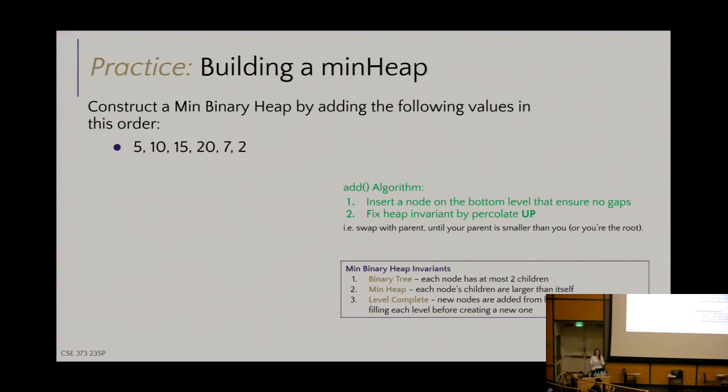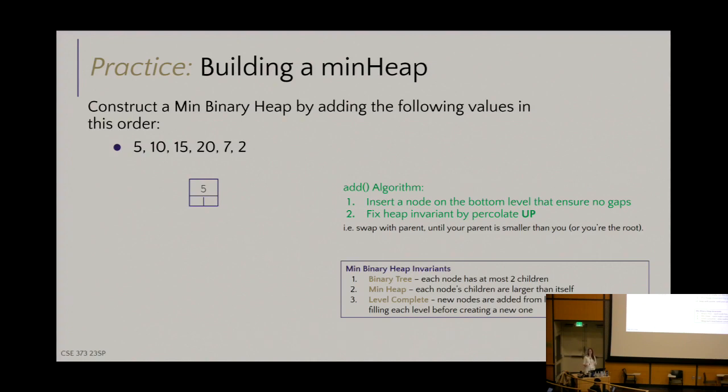All right, let's talk about it. So, we start and we put the 5 in. 5 starts, that is just a valid heap all by itself. Now we are ready to put the 10 in. Where does the 10 go?